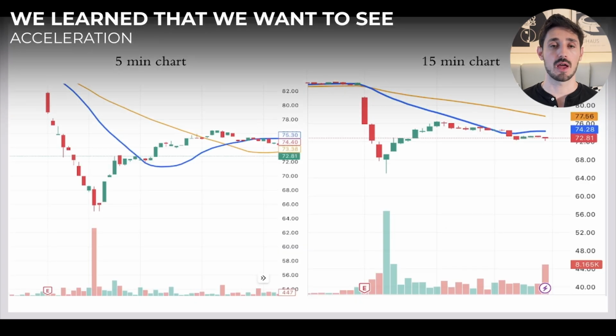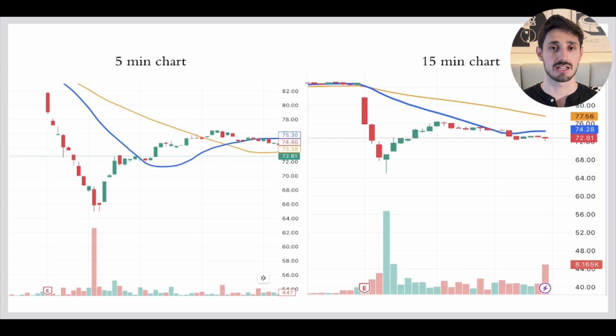So far, we learned that we want to see acceleration. We want to see the buying or the selling becoming increasingly larger. That acceleration leads to extension. Add that with a volume spike at the bottom or at the top, and you could have yourself a very powerful reversal setup. So our goal is to combine, number one, acceleration.